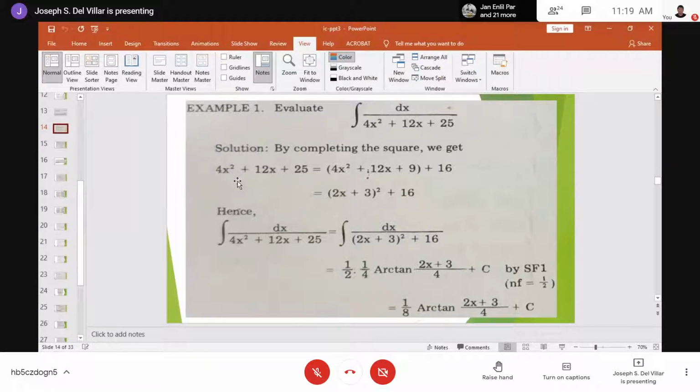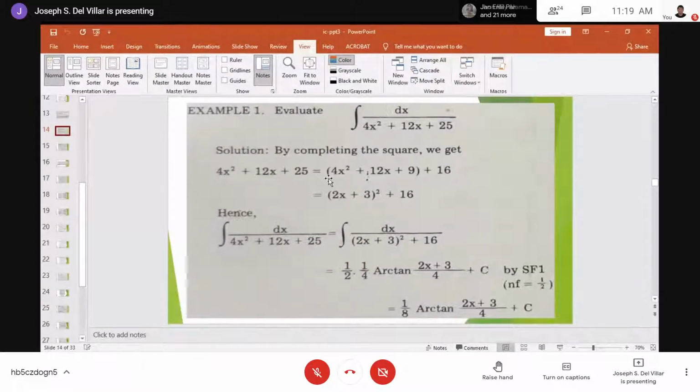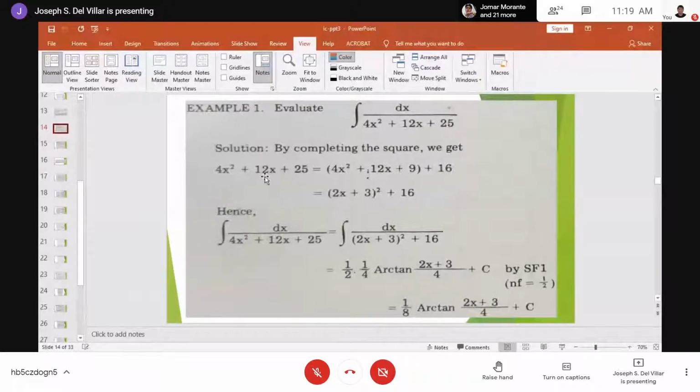Or you divide first by 4, so it becomes x squared plus 3x. Okay? By completing the squares, you can also remove the 4 first, or you can separate 25 as a perfect square, so 9 plus 16.